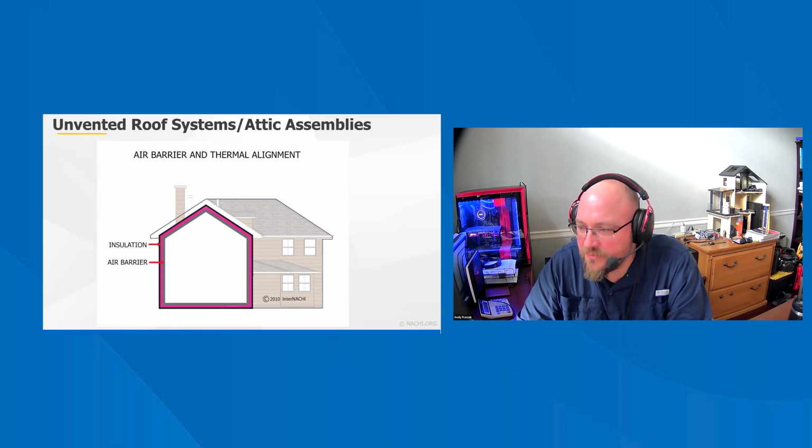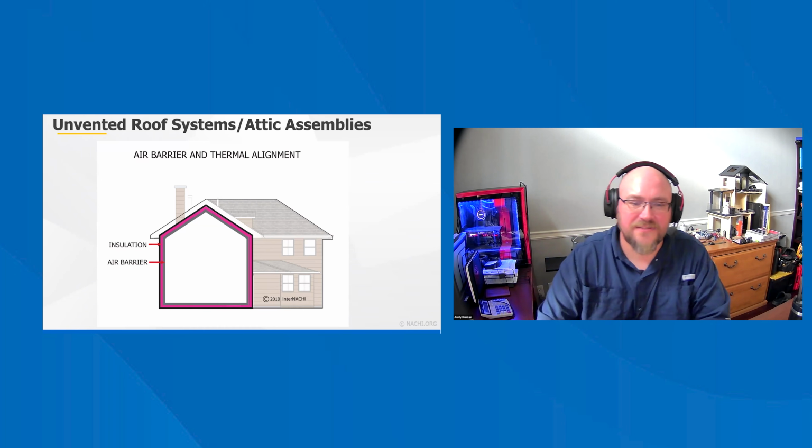An air impermeable insulation can be applied in direct contact with the underside of the roof deck. For climate zones 5, 6, 7, and 8, air impermeable insulation must have a vapor retarder in direct contact with the underside of the insulation. As long as air tightness is provided and humidity during the winter is controlled, unvented roof systems can perform successfully.